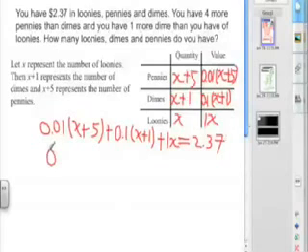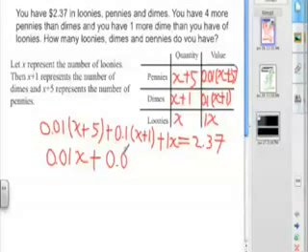The next step is to simplify using the distributive rule. So 0.01x plus 0.05, plus 0.1x plus 0.1.